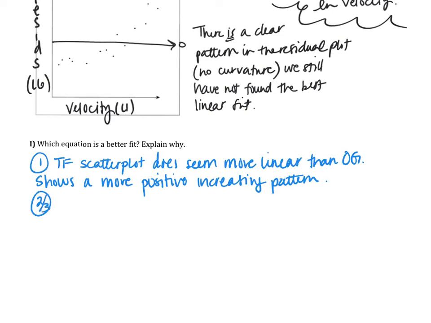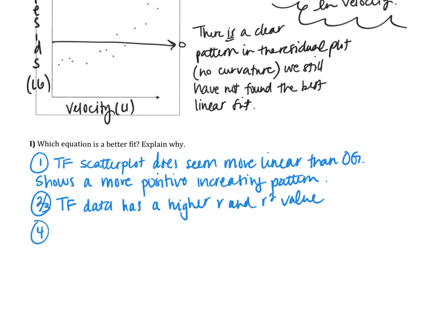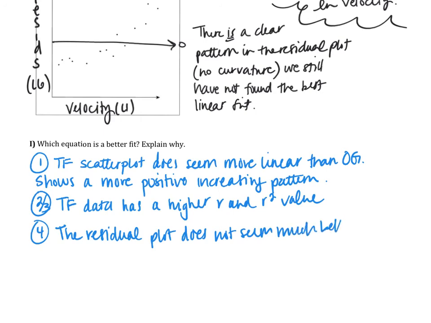Well, second and third, my R and R squared values. My transformed data has a higher R and R squared values. And the last one is the residual plot, okay? So the residual plot doesn't seem much better. Okay, this indicates we have not found a very good fit.